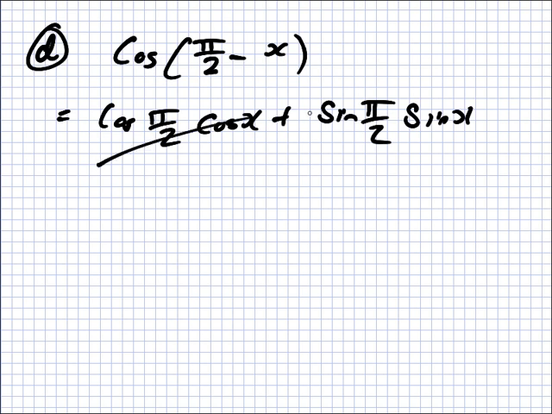That's 0. And what's sine pi over 2? 1. Again, that's not so bad.